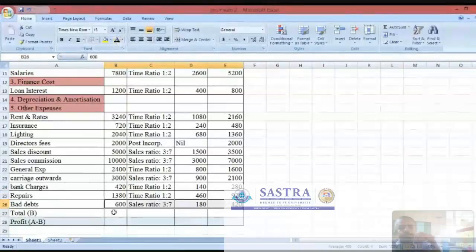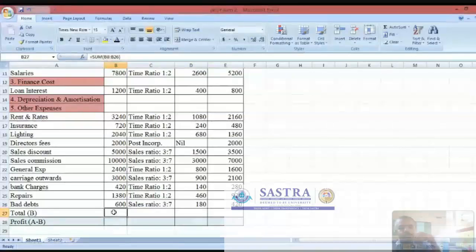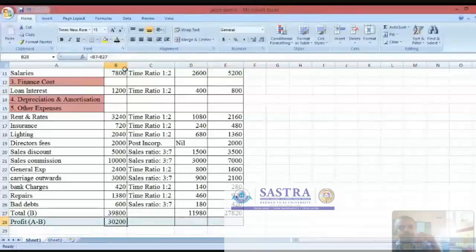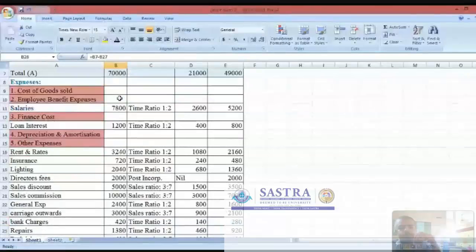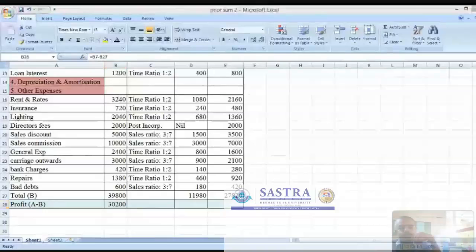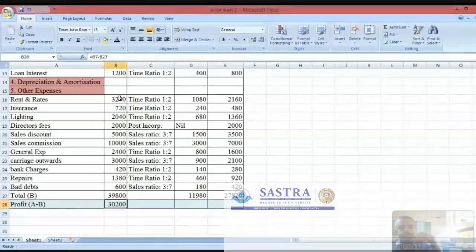Now we calculate the total of B. When you go through it, A minus B: 70,000 total gross profit, and the net profit is 30,200. That's what I said, we are not preparing any new information. 70,000 gross profit, 30,200 net profit, the same we calculated. But it has to be distributed, how much for pre incorporation and how much for post incorporation.